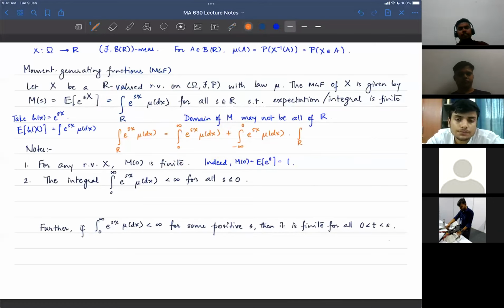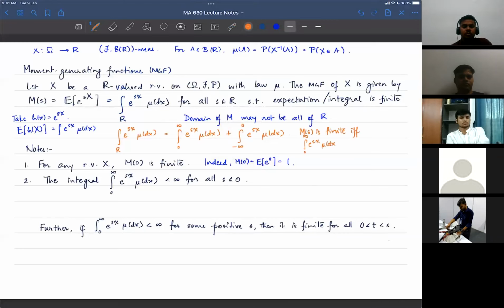Let me write it another way. M of s is finite if and only if integral 0 to infinity e to the sx mu dx is finite and integral minus infinity to 0 e to the sx mu dx is finite.